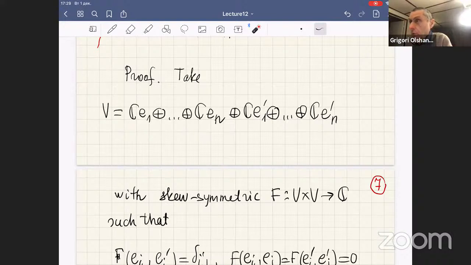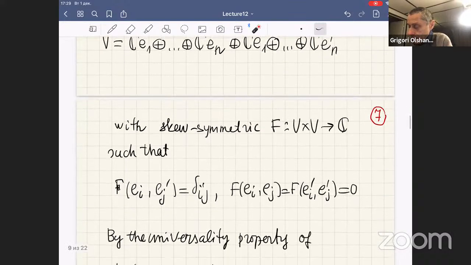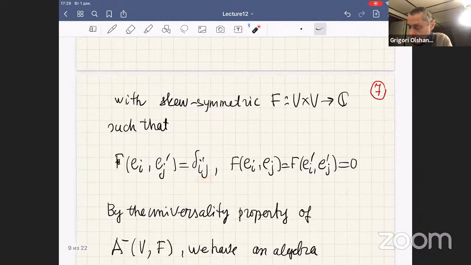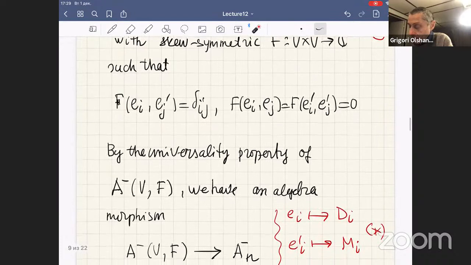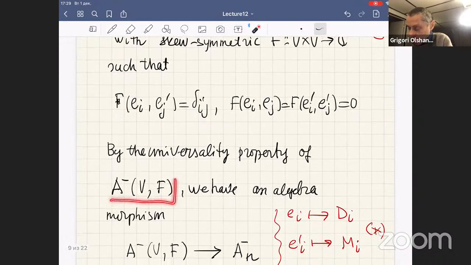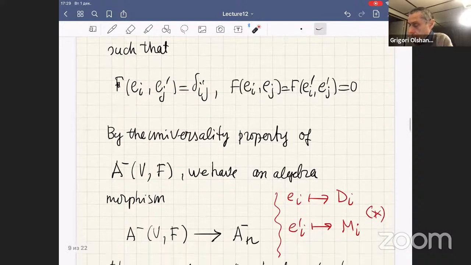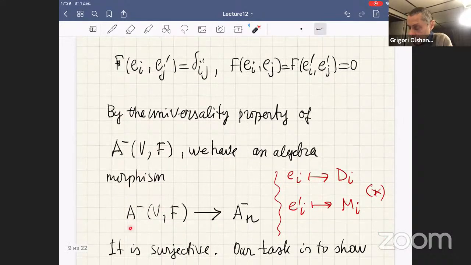So we have two transversal Lagrangian subspaces and some pairing between them, which is given by this Kronecker delta. And by the very definition of our skew-symmetric analog of a Clifford algebra, you have a map. This is our universal object. And this is our concrete object.